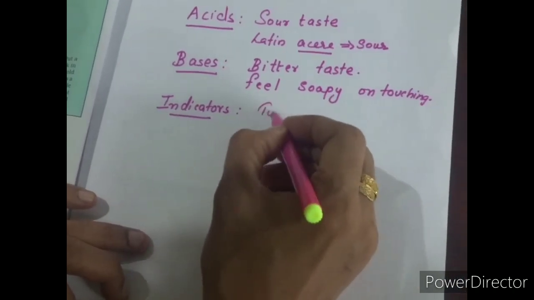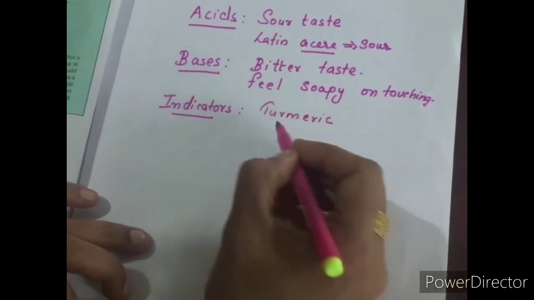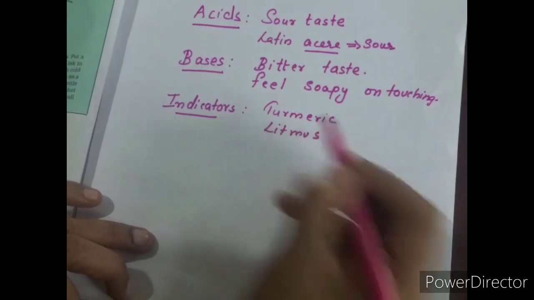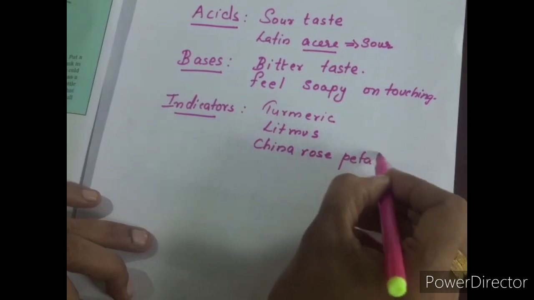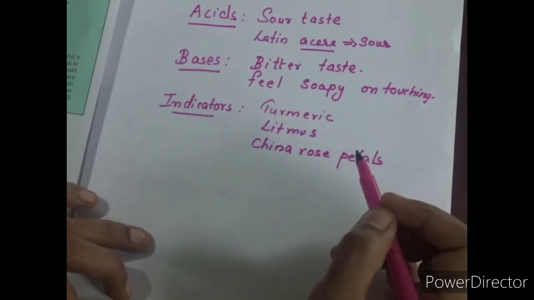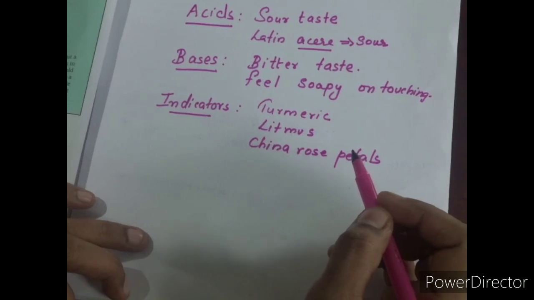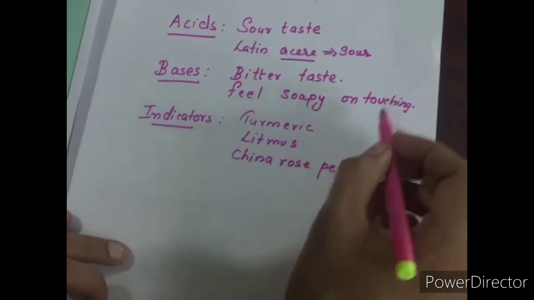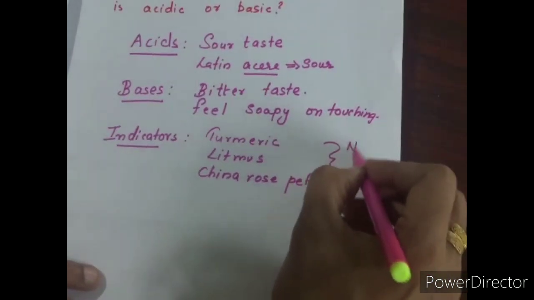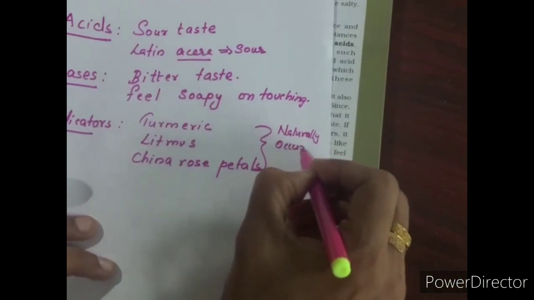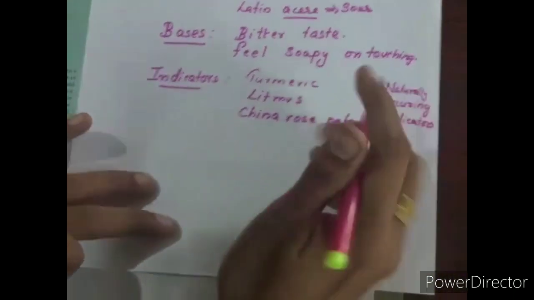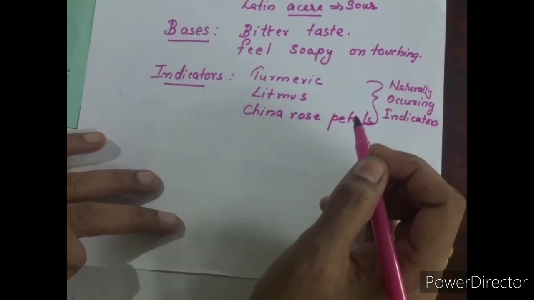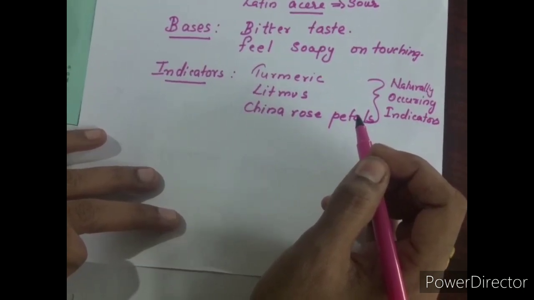Examples are turmeric, litmus, China rose petals, etc. These are also called naturally occurring indicators because they are formed from natural products. Other types of indicators are also used in laboratories. That we will study later.